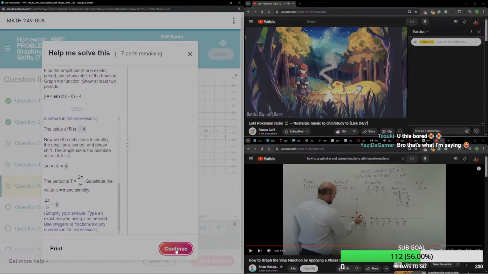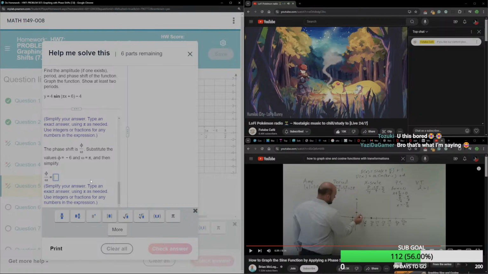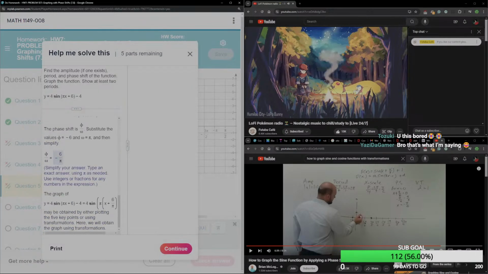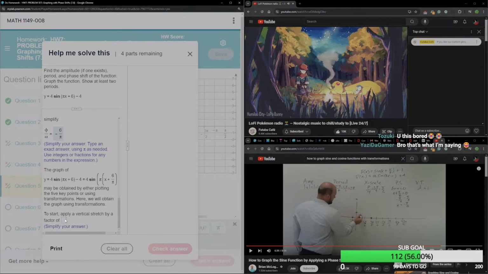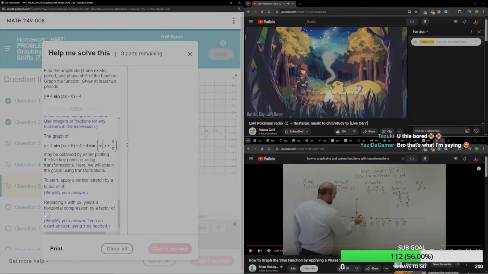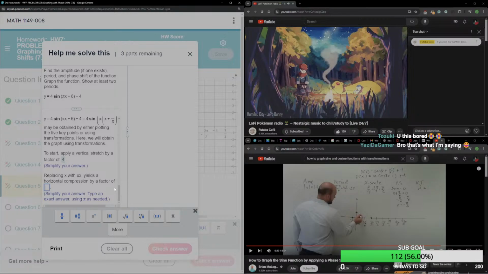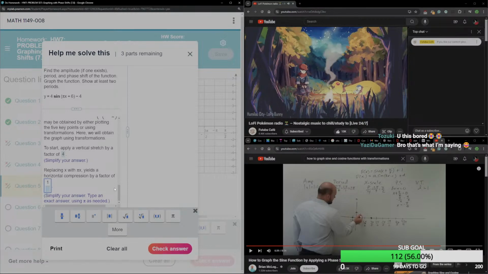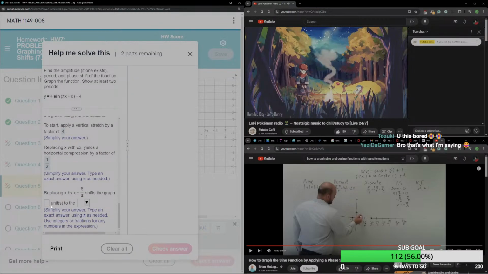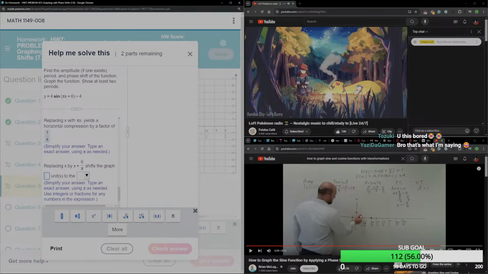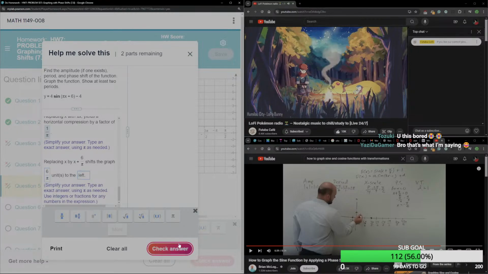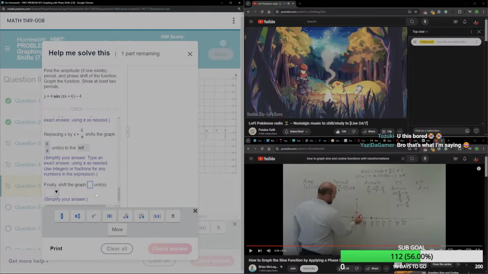There. -6 over pi. Six over pi units to the left. Finally shift the graph 4 units down.